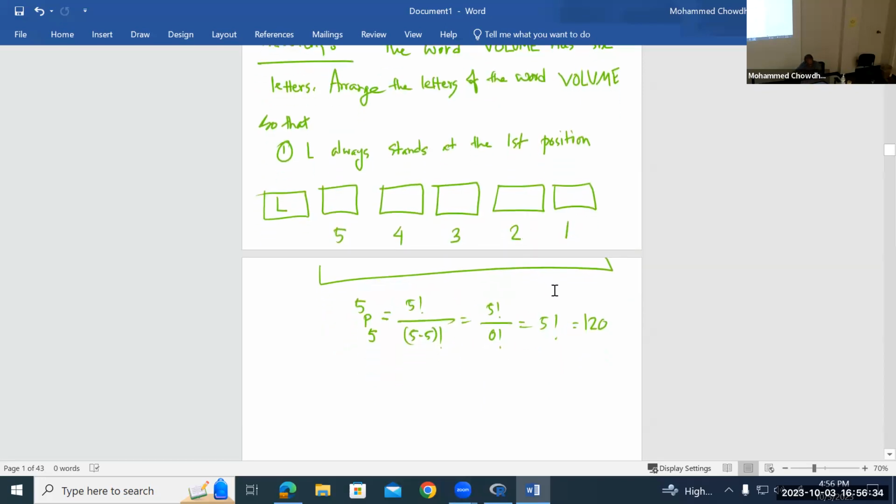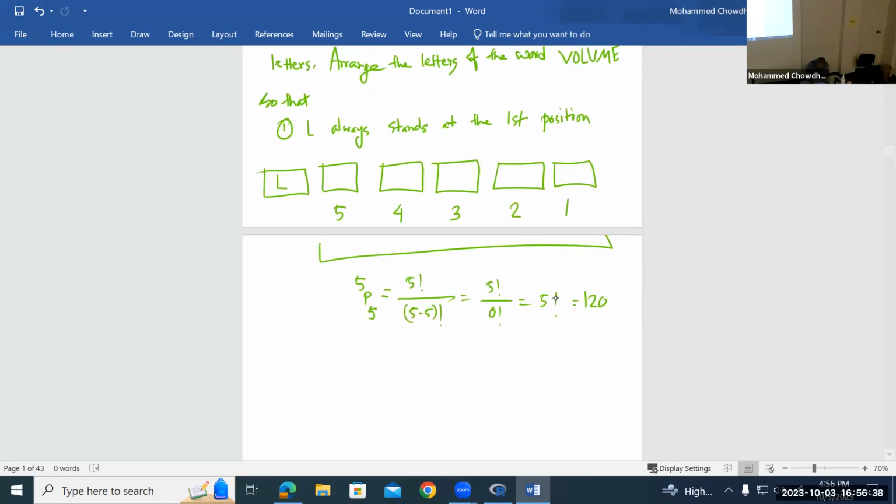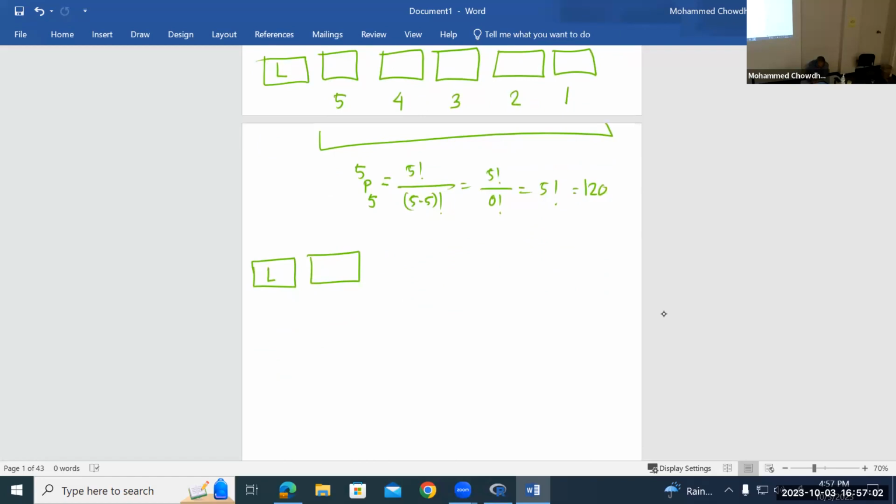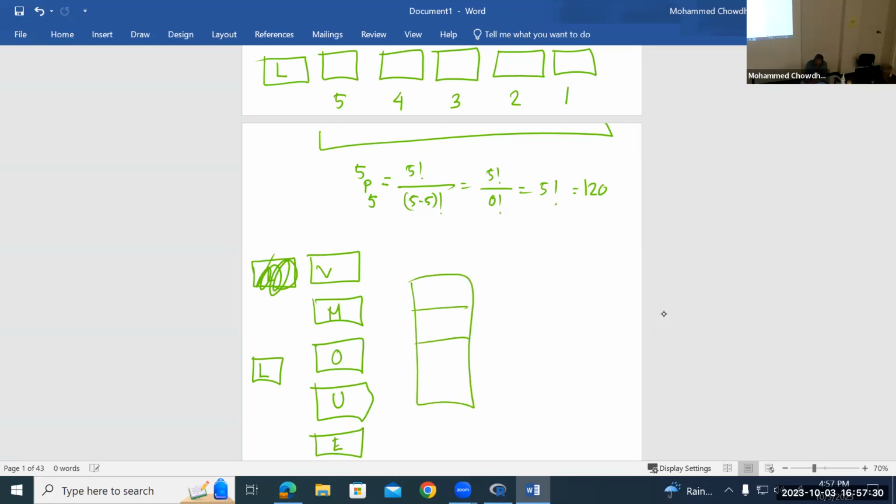More explicitly, if you want to ask me for more explanation, well, as the first position is taken by the L, the second position is taken by one of the 5 letters. This position should have either B or O or U or M or E, right? If you want to do it in terms of the basic principles of counting, this is L, 2, 3, 4, and 5. This position should be B, M, O, U, or E. Now one of these is gone, so the next position would have 4.